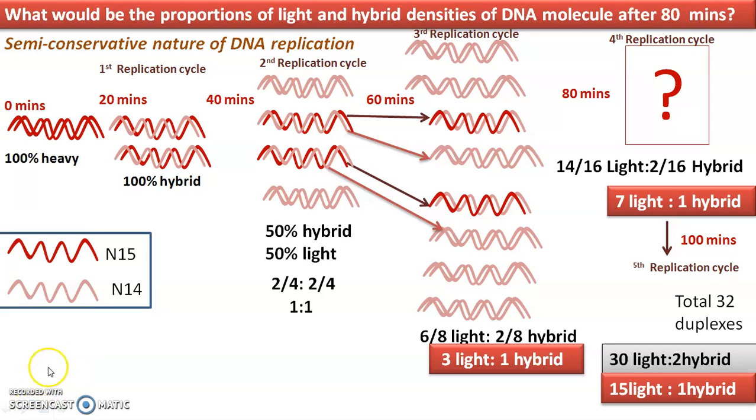We will learn about the semi-discontinuous mechanism of DNA replication, that is, one strand replicates continuously and the other new strand replicates in fragments. However the mechanism is, every time the new duplexes always have one parental strand and one newly synthesized strand. So that nature is semi-conservative. Mechanism we will come to in the next video.